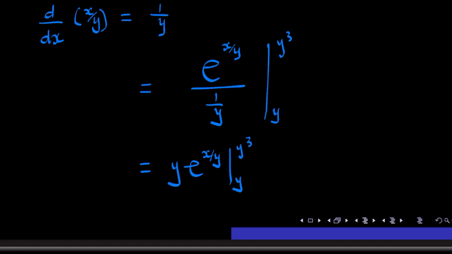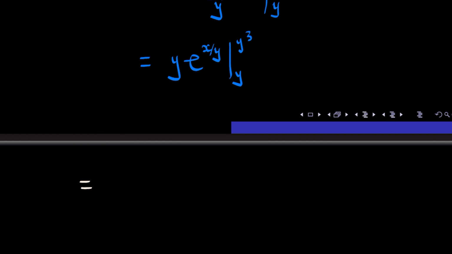So now we have integrated with respect to x, so we now substitute in the range of integration. For the upper limit, x is now y cubed, so here it is going to be y cubed over y, then minus that of the lower limit, so that's going to be y over y.